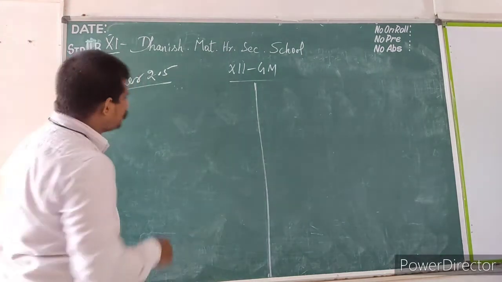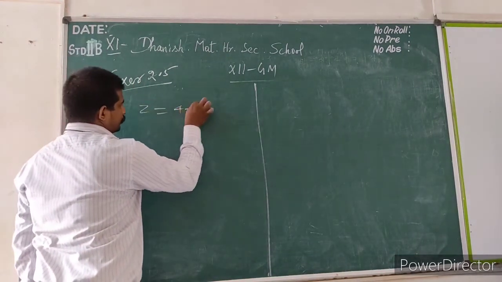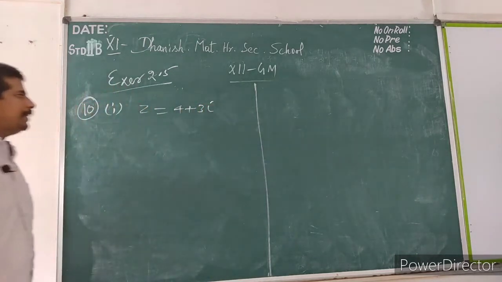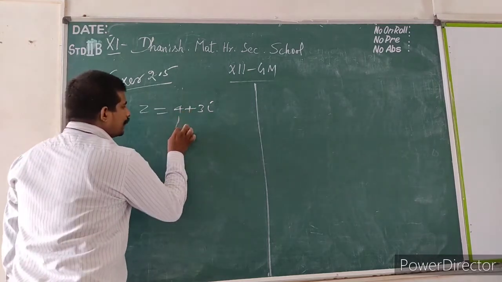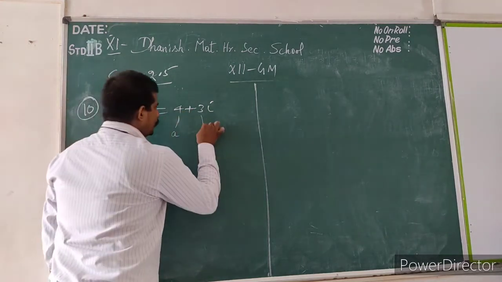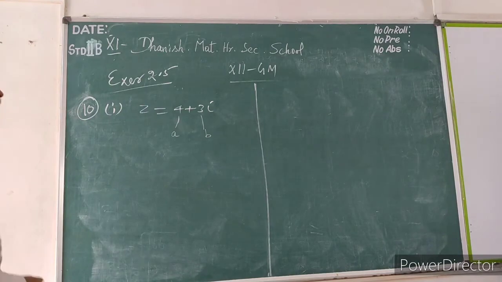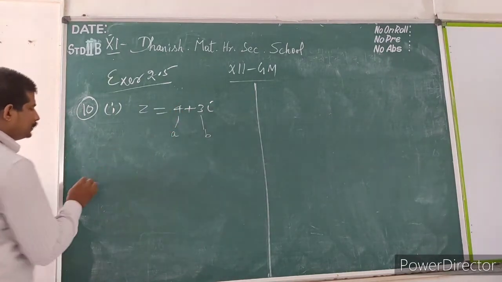What's your given complex number? 4 plus 3i. Now I am going to take the given number as z equal to 4 plus 3i. Here our a is 4, b is 3. Now I am going to find the square root of this.